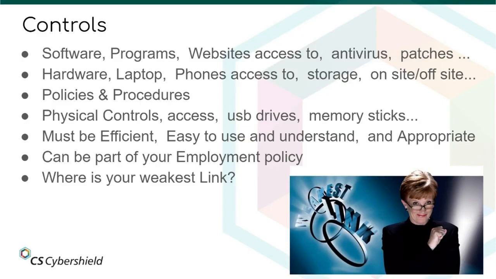We have employees bound to them via policies, and it must always be efficient and easy to use so that everybody can understand, grasp, be able to be trained, and awareness can be made. Now, the last question is, where is the weakest link in a business? I'll leave that as an open question.